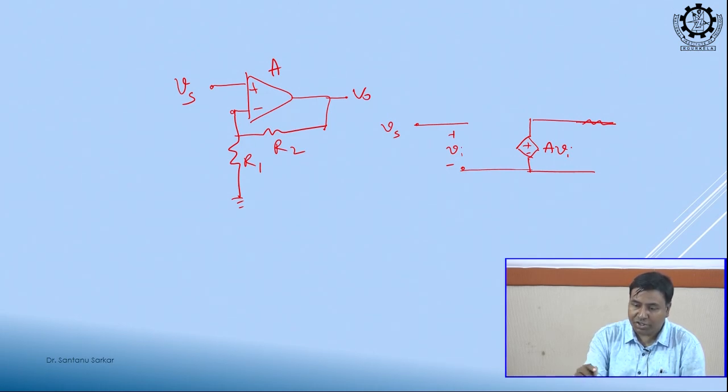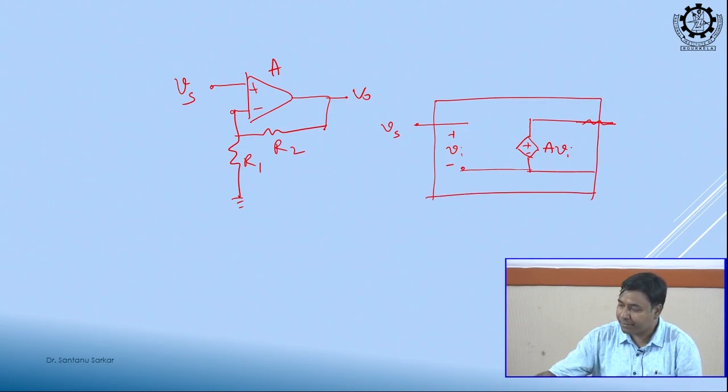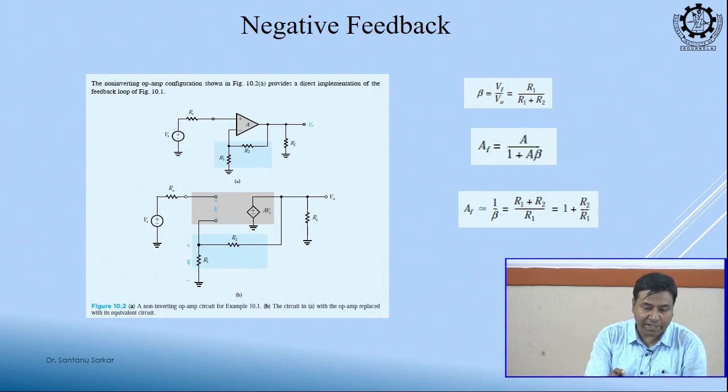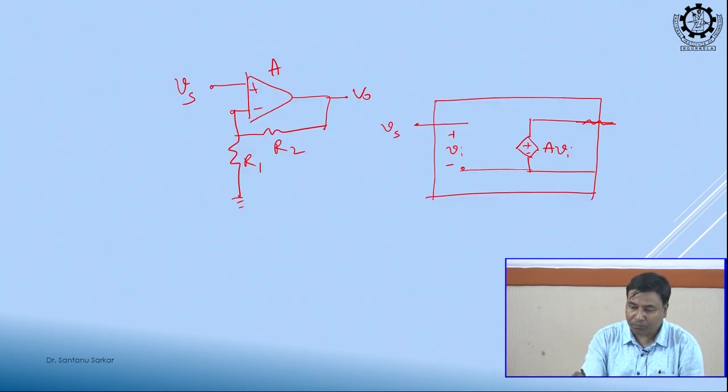Okay. So, this is the two port network of this amplifier, and what are the internal connections? From the output we have two resistors forming the feedback.